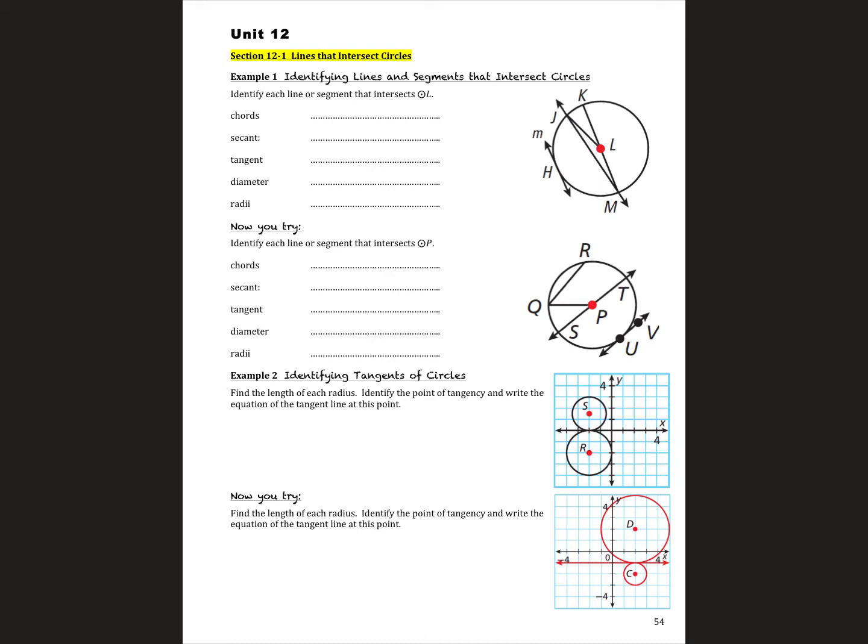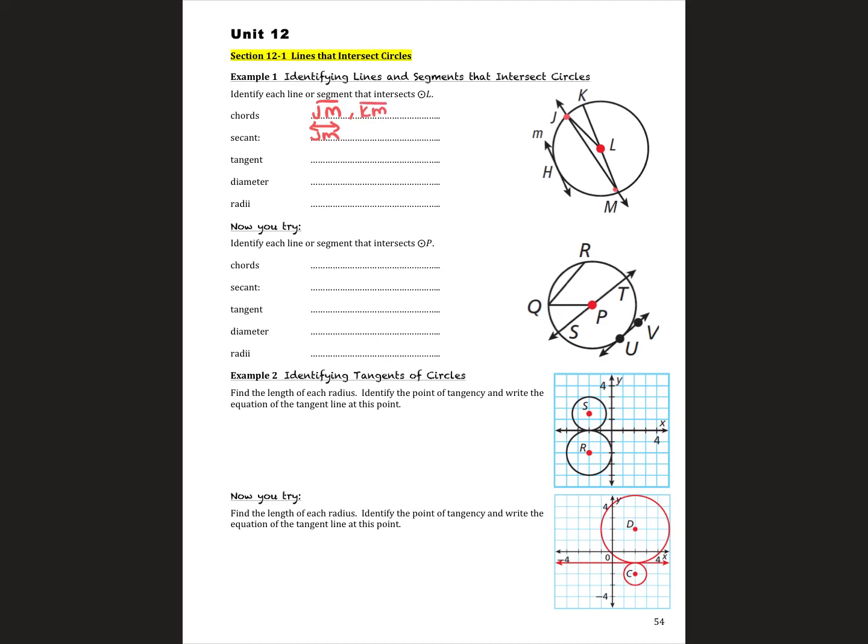So unit 12, naming all of these, a chord goes from edge to edge, such as JM or KM. A secant crosses through the circle. It's a chord that keeps on going, so you could call that line JM. I want to put the KM here also.